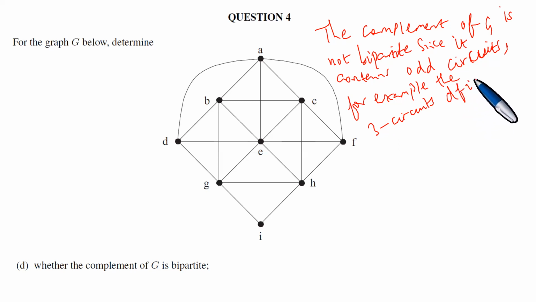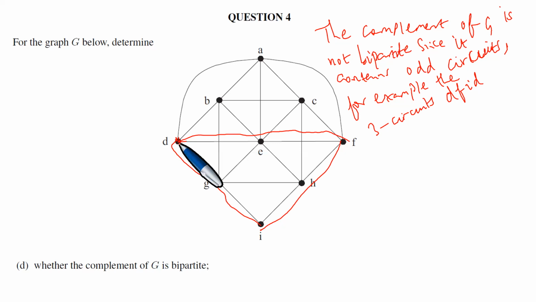So there's D, F, I. Let's look at that one. If you start at D, you go to F, and then you go to I, and then you go back to D.